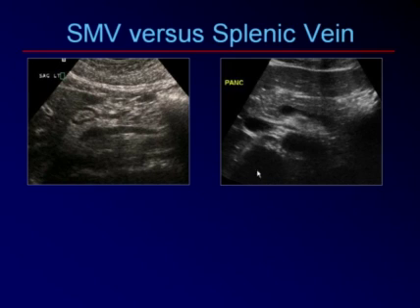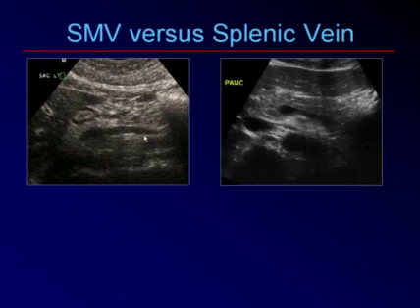Now we know we're transverse because we have the spine. There's a cross-section of aorta, cross-section of inferior vena cava. Here's a little superior mesenteric artery, splenic vein in front. Here we have a longitudinal appearance of a vessel and then spine behind. So here we're transverse. Here's our splenic vein. Here's longitudinal superior mesenteric vein.